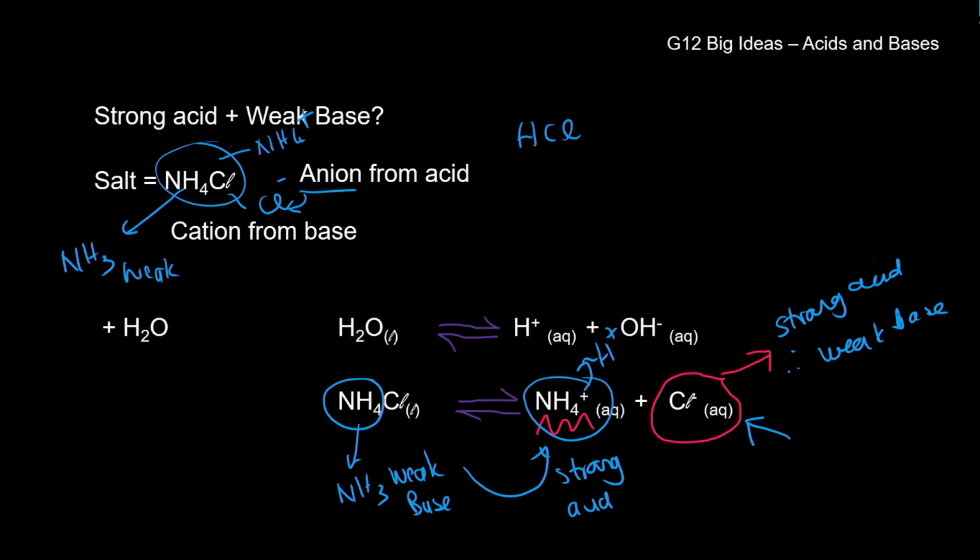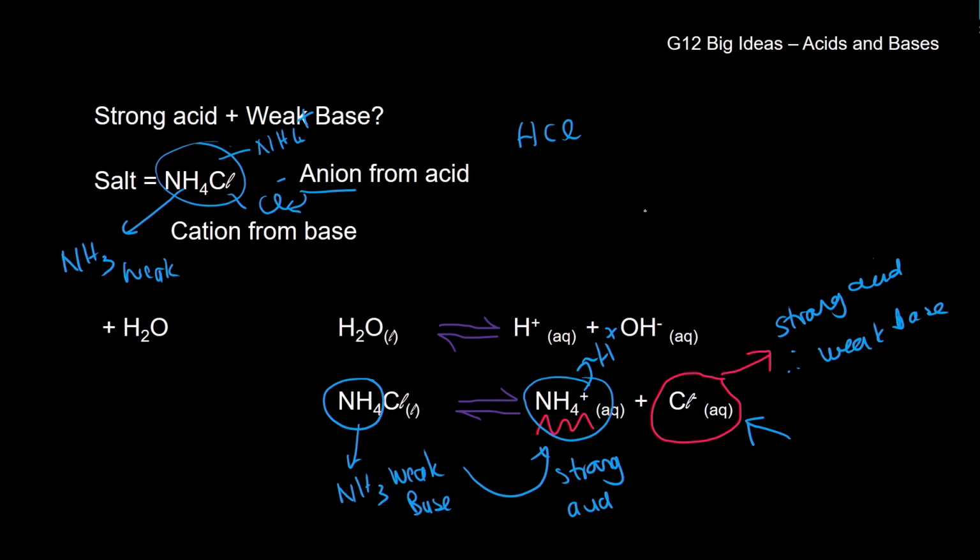And so the resulting solution that we're going to have is going to be slightly higher in the proton concentration. So its H+ concentration is going to be slightly higher, and that is going to affect the pH, and so it gives us a pH that is slightly acidic.